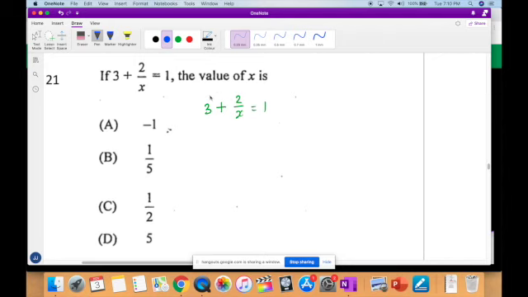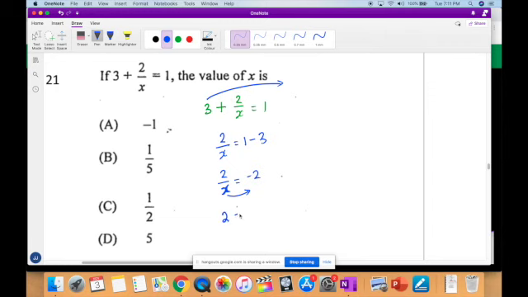At the end of the day, 2 divided by x plus 3 is equal to 1. I need to get rid of this 3, so I need to throw this 3 across. Now I'll have 2 over x is equal to 1 minus 3. So 2 over x is equal to negative 2, right? And because that x in the denominator is bothering me, let me throw the x across.